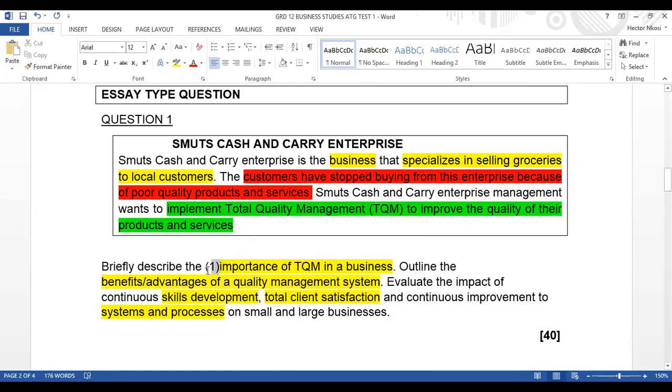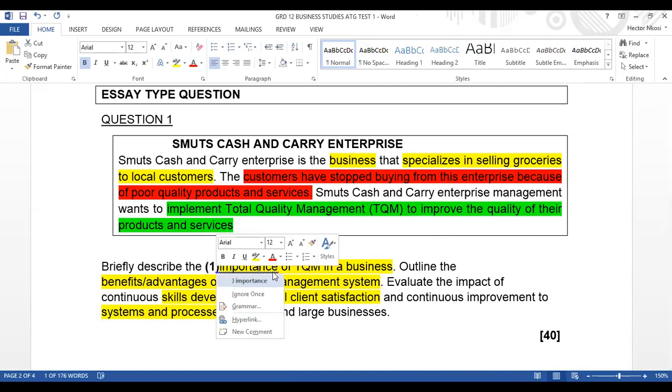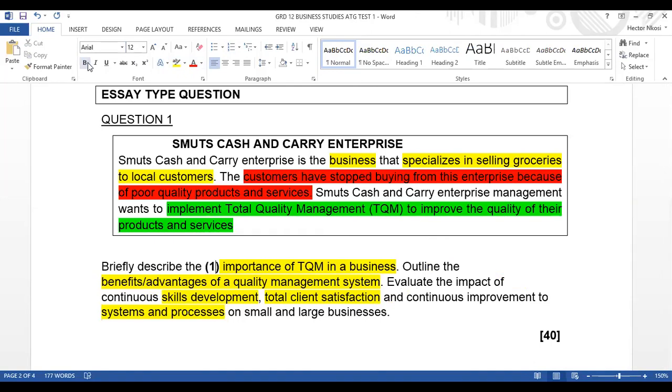That's your number 1. The importance of TQM, that's what you need to include in your body. The benefits, that's number 2. That's also what you need to include in your body, your benefits. And we were supposed to evaluate the impact of continuous skills development. So this will be your 4th bullet or 4th subheading under your body.